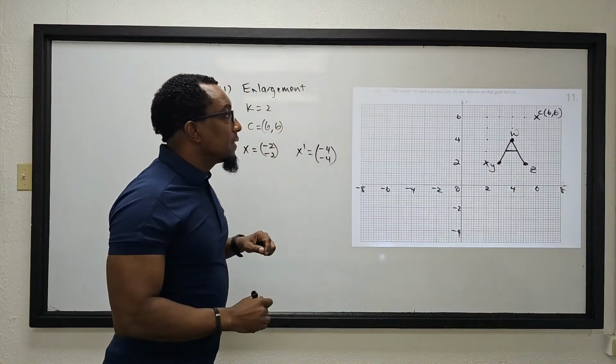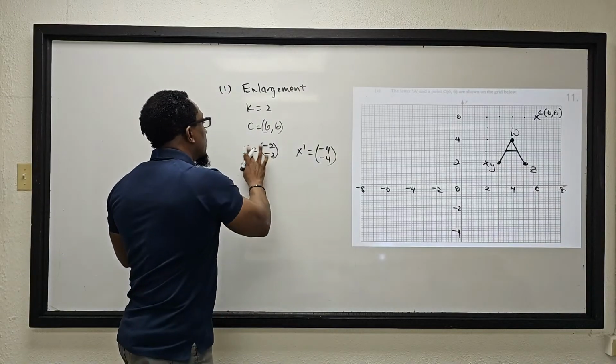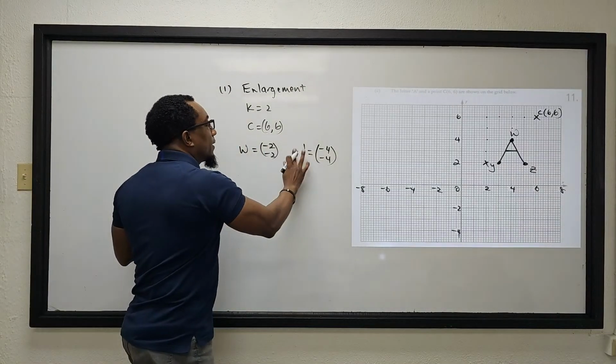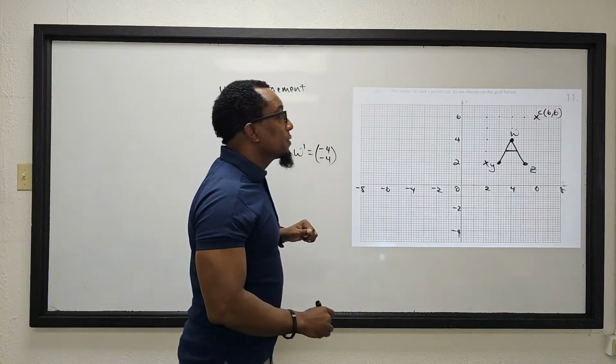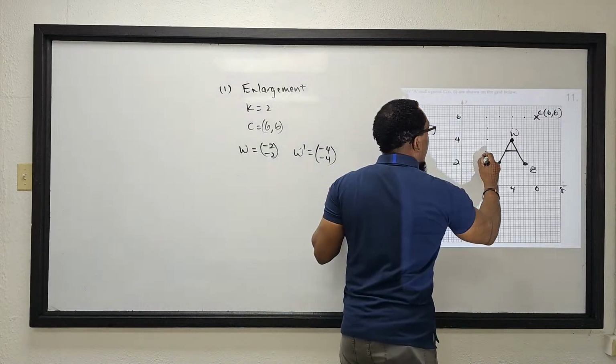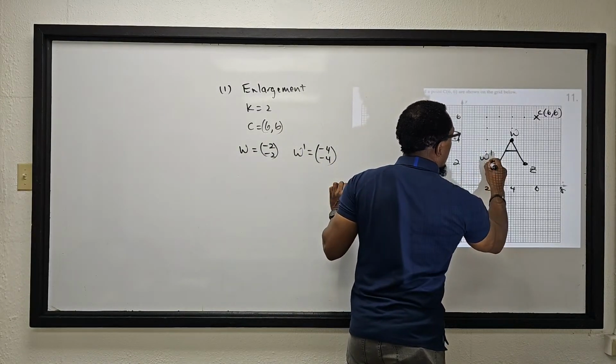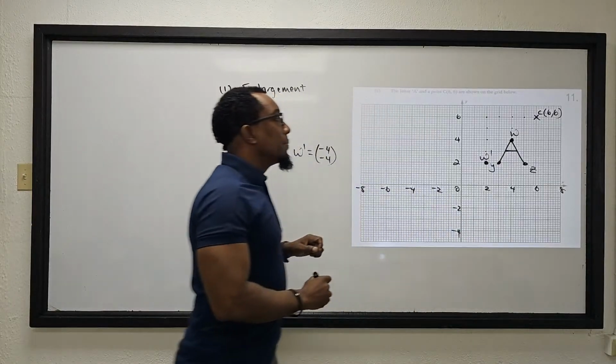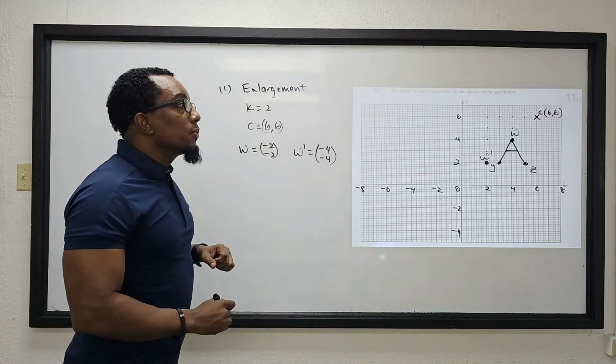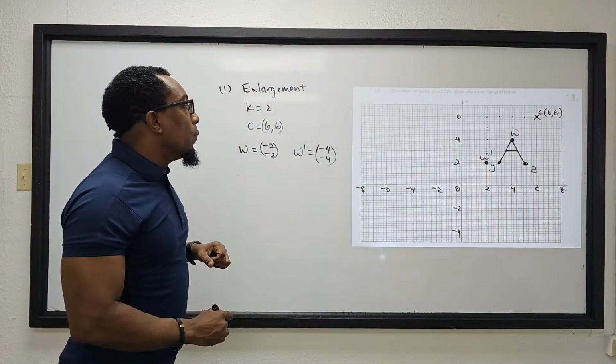So I'm confused here. Let me call it W. So W and W prime. So that's W, and this will be W prime here. So that's W prime.